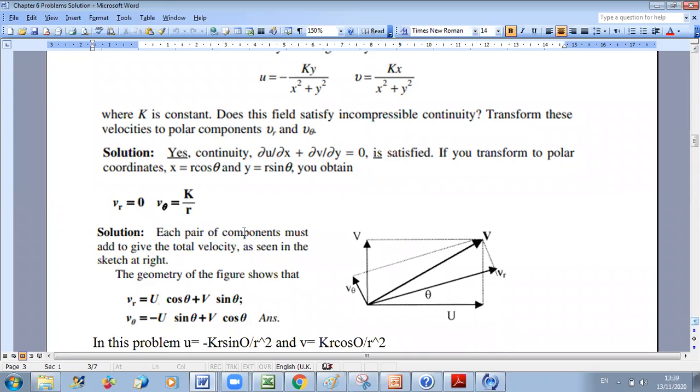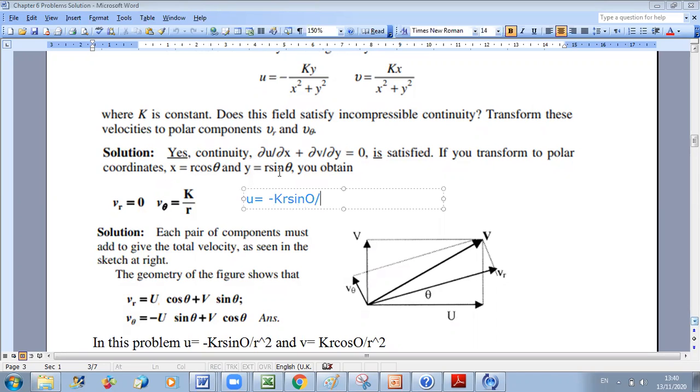So what we will do here, we will apply the following formulas for our problem. In our problem, we have U as a function of x and y. So the first step, I will replace x by r cosine theta and y by r sine theta. So what do I obtain? If we do the replacement, we have that U is equal to minus k times y, instead of y I will put r sine theta, over, if you do x squared plus y squared, it will give you r squared cosine squared theta plus r squared sine squared theta.